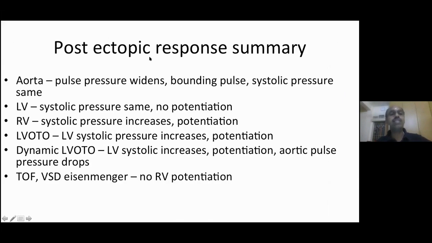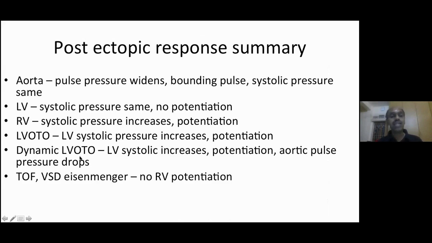To summarize, in the post-ectopic aorta, the pulse pressure widens. There is a bounding pulse, but the systolic pressure is the same. In LV, the systolic pressure is the same and there is no potentiation. In RV, the systolic pressure increases and there is a potentiation. Whenever there is left ventricular outflow tract obstruction, LV systolic pressure increases and there is a potentiation.